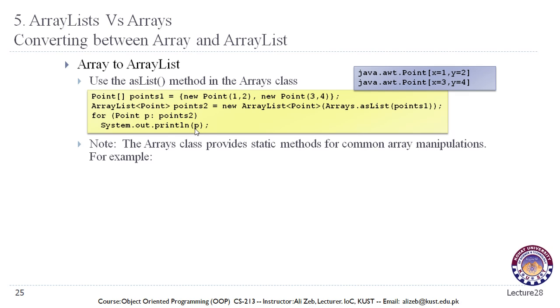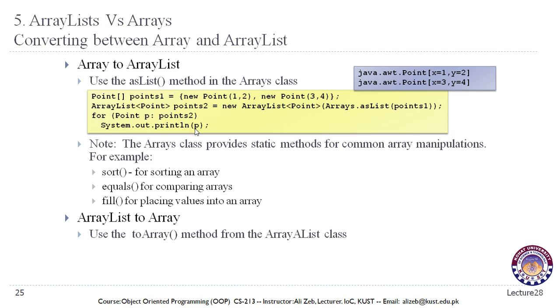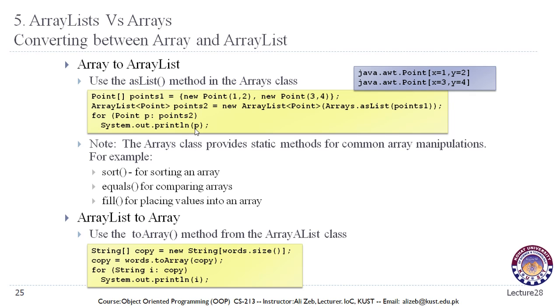We should note that the Arrays class provides static methods for common array manipulations. For example, sort for sorting an array, equals for comparing arrays, fill for placing values into an array. And if we want to convert an array list to array, we can use the toArray method from the ArrayList class. For example, in this case, we have an array list.